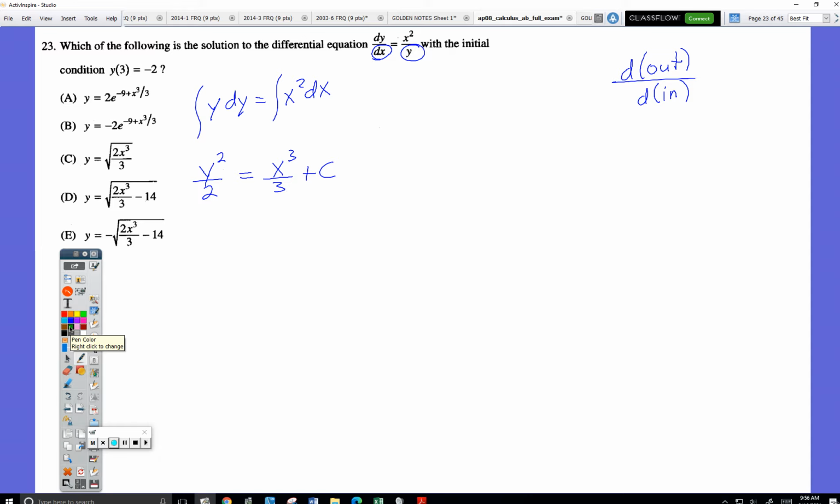So you're going to put negative 2 squared over 2 equals 3 cubed over 3 plus C. Okay, raise your hand if you knew it. Point two for Christine. Question? So let's see, that's 4 divided by 2 is 2. 27 divided by 3 is 9. So C has a value of negative 7.